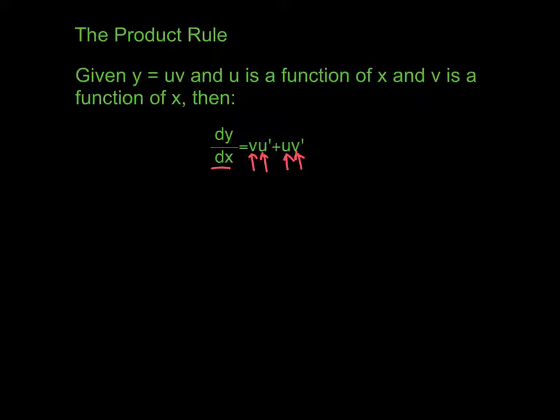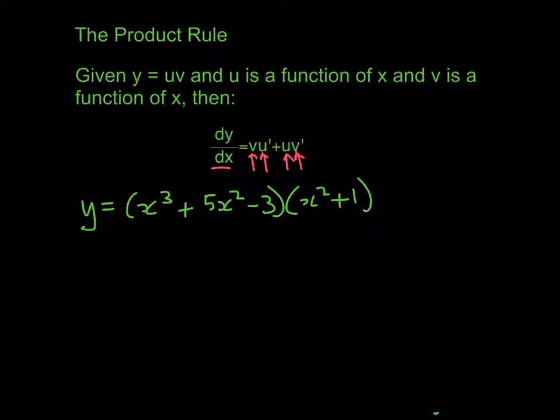So if we have something like this, for instance, which looks pretty hideous, but if I say that y equals x cubed plus 5x squared minus 3, and that's going to multiply x squared plus 1 all squared.